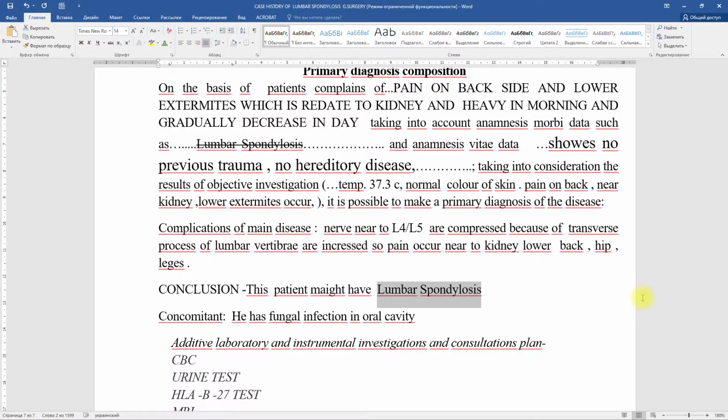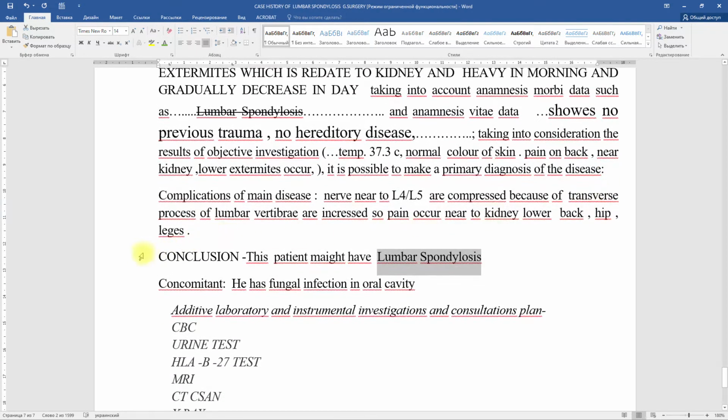Or why can't this patient have myositis or some systemic disease like rheumatoid arthritis, for example, or Bechterew disease, or any other disease which has similar symptoms? We don't know that. This statement doesn't follow from this information. You don't have substance to make this conclusion.